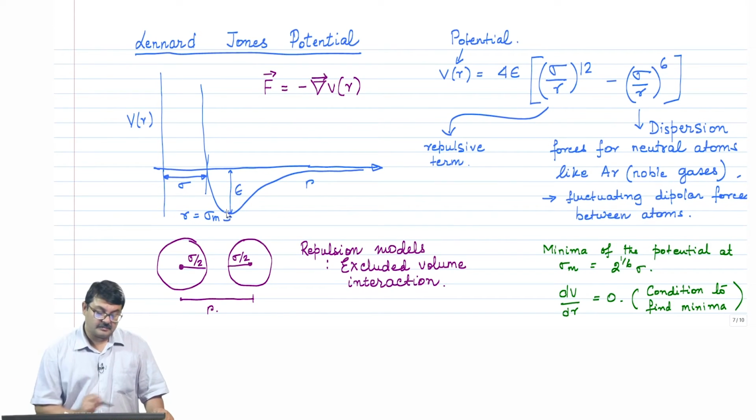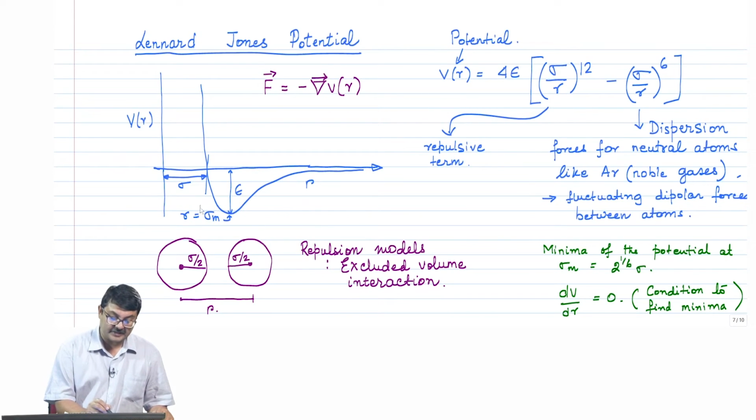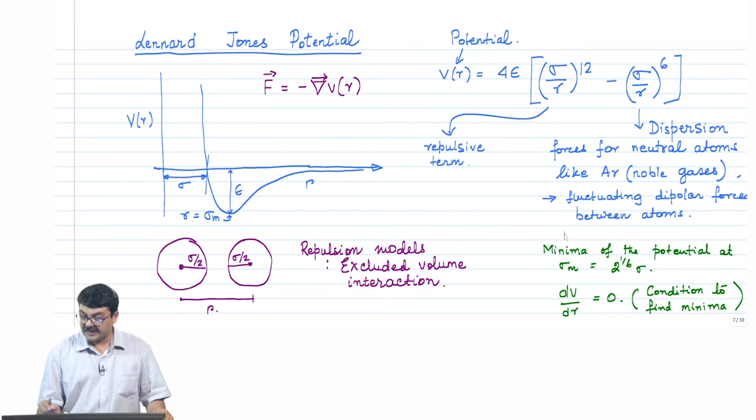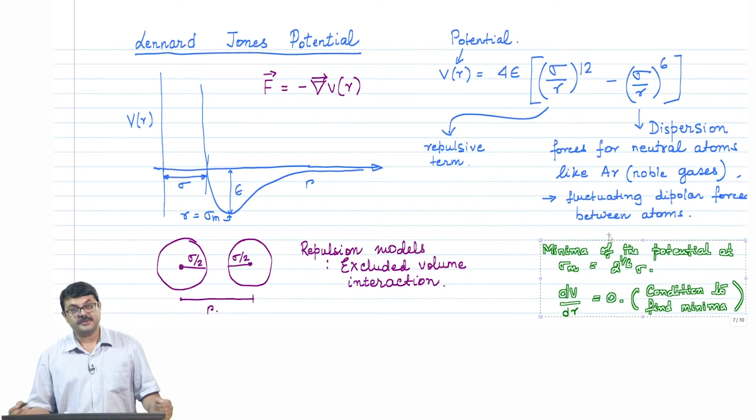The minimum of the potential is at a value of sigma m, and you can calculate that. So, you can calculate the position of the minimum. How do you calculate the maxima or minima of a certain function?